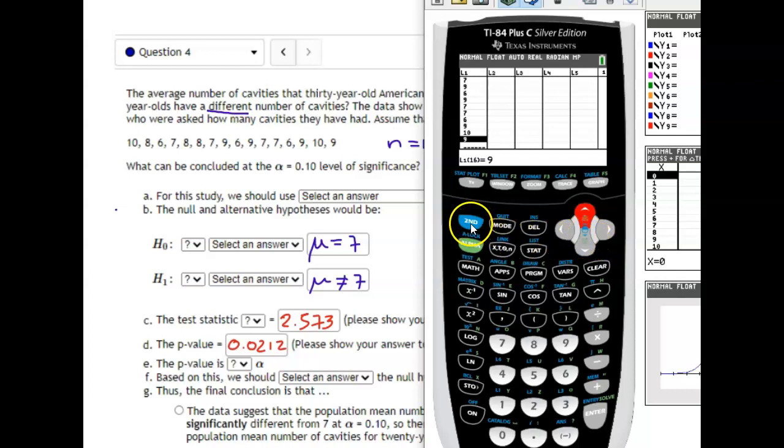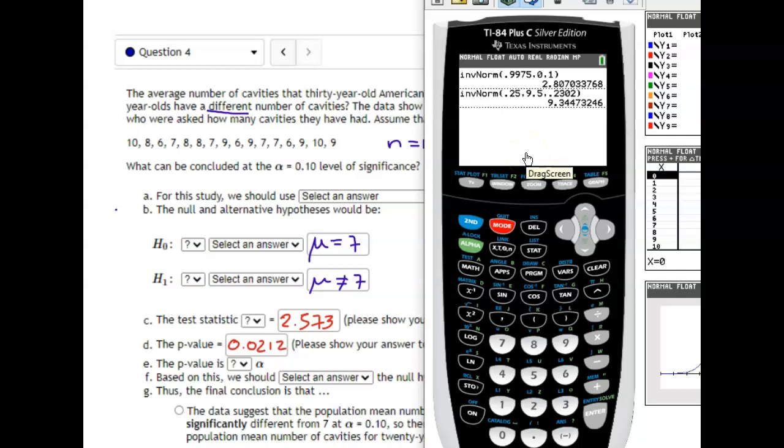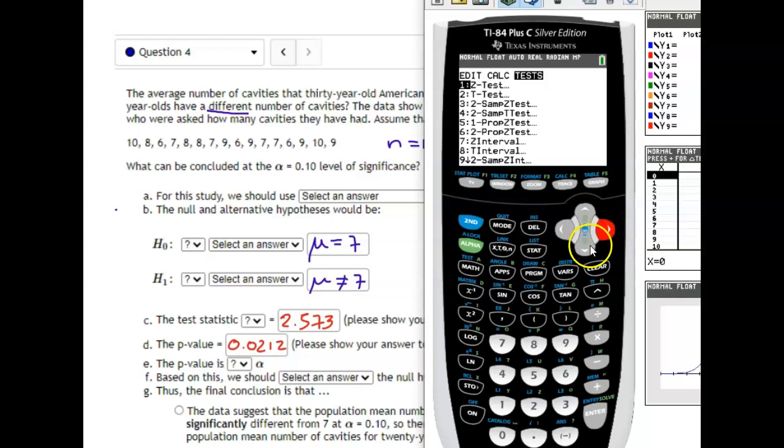Alright, so now I'm going to go to second and mode to quit that screen, to get out of the table. Go back to Stat and now scroll over to Tests. And we're going to do a t-test like we decided. For this t-test, we have the input as data, so we use the arrow to select data.